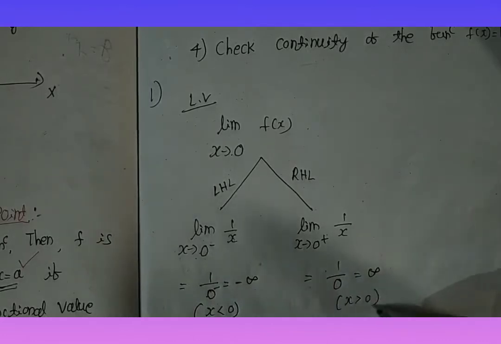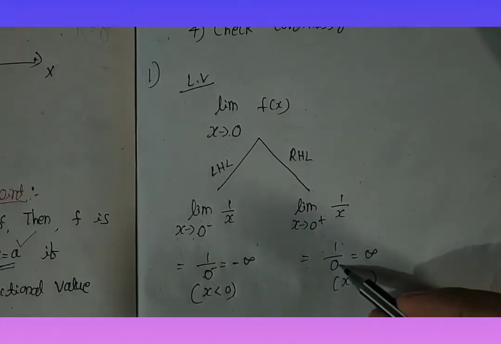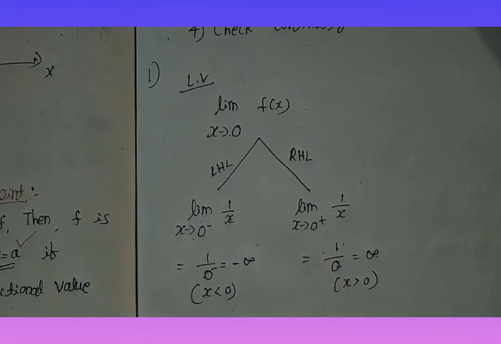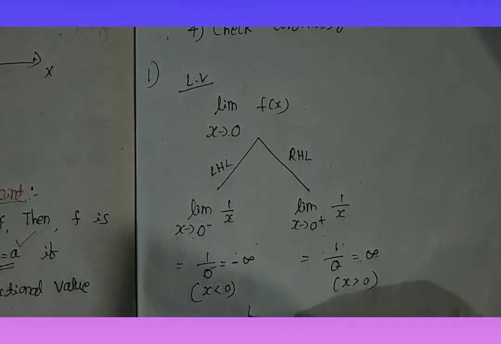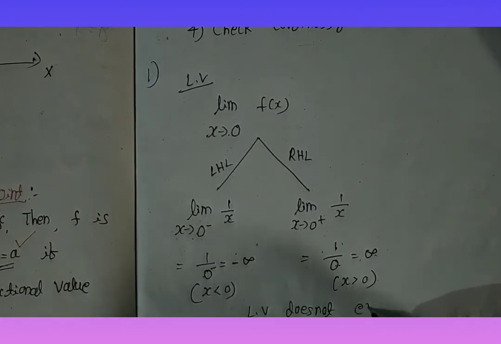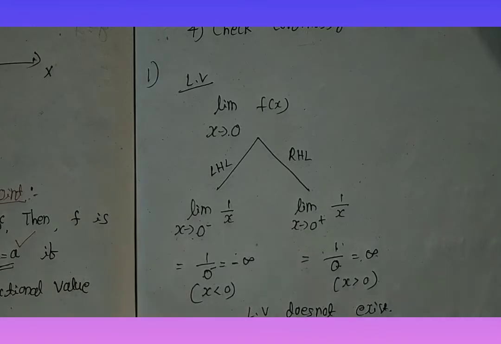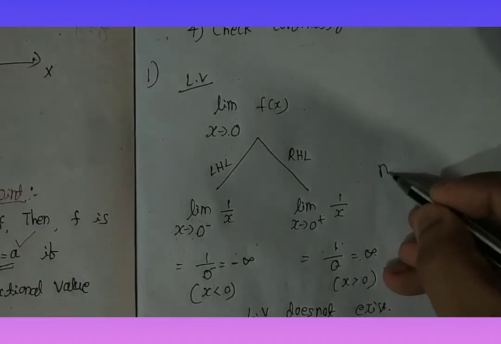Here x is greater than 0. It's a positive number. 1 by 0 is undefined. These two values are not equal. Here undefined, here minus undefined. The limiting value does not exist. When the limiting value does not exist, that means it is not equal to the functional value, hence not continuous.